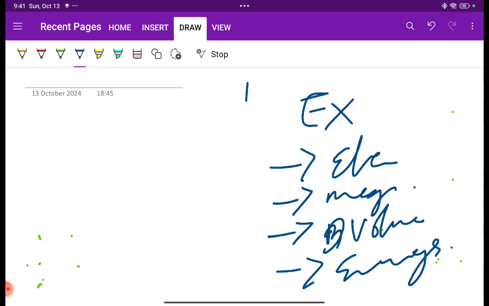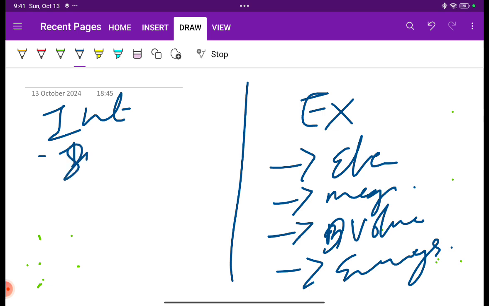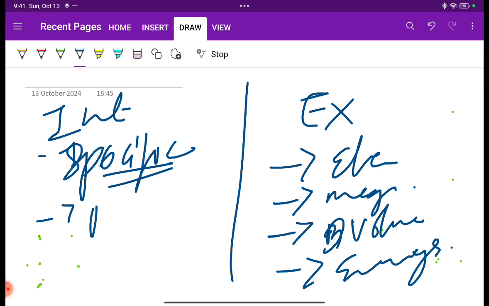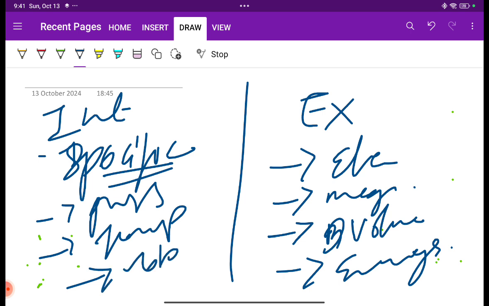And for intrinsic property, just remember all specific properties come under intrinsic property. There are some minor exceptions, you can remember that. And pressure, temperature, and velocity. These are intrinsic properties and those are extrinsic properties.